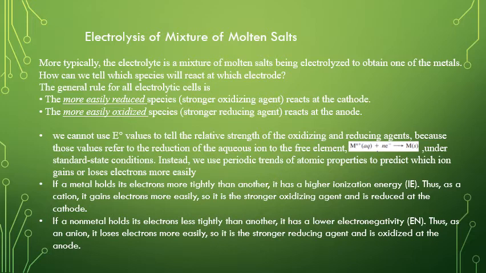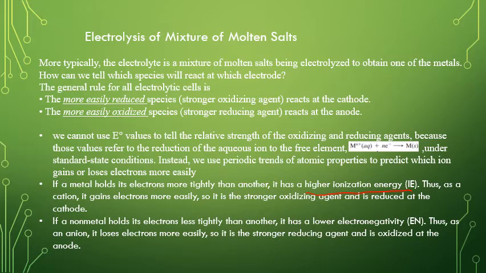So we want to look for high ionization energies for the metals, and then if we have the anion, the nonmetal, we want to have its electrons being held less tightly by the atom. So when we're looking at the nonmetals, we want to focus on the electronegativity values. And remember, that's a measure of the attraction force between two electrons that are being shared between two atoms.